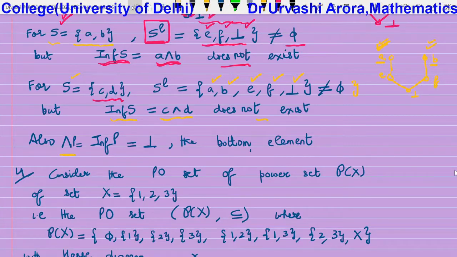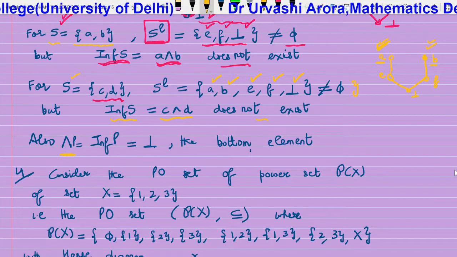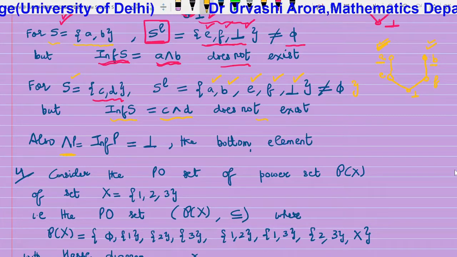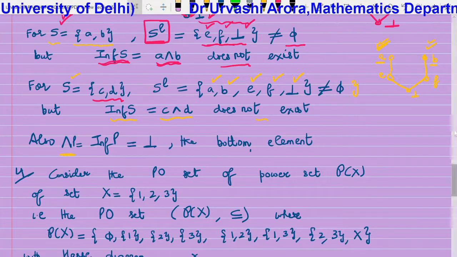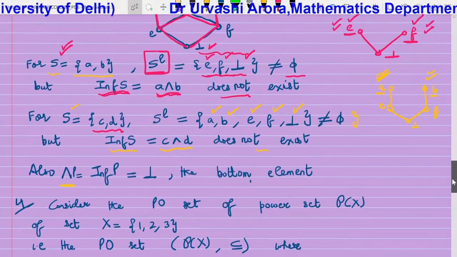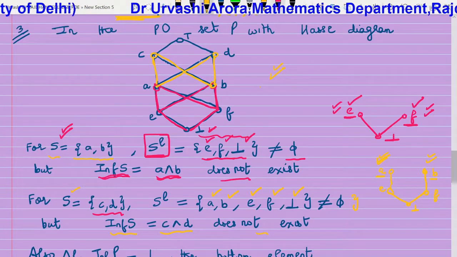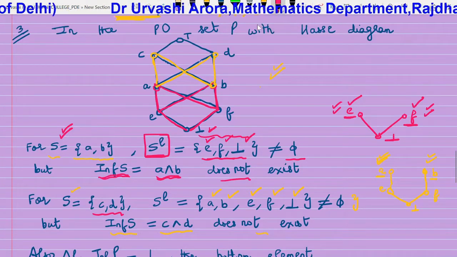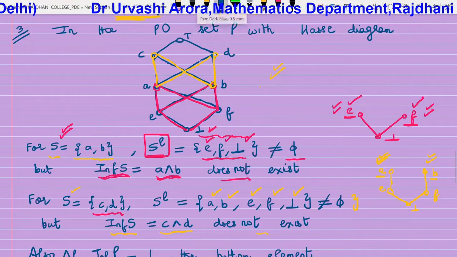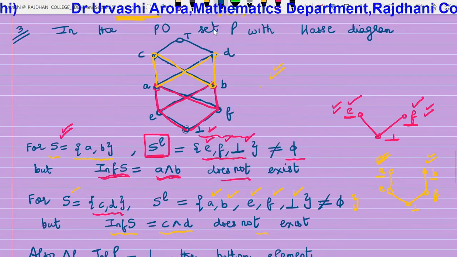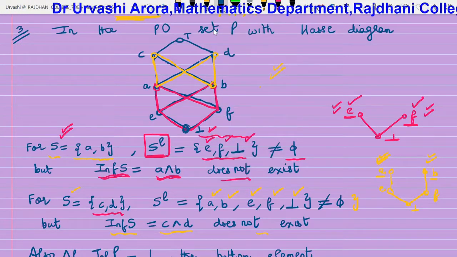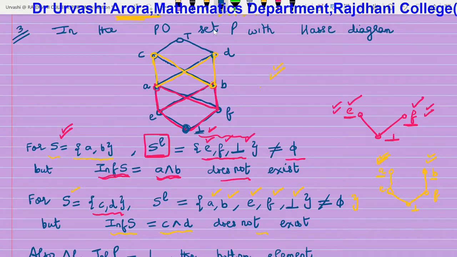And if we talk of the meet of the whole set P, where P was the PO set whose Hasse diagram was given over here, then we can just see that the meet of this whole set is given by this particular element, because that is the bottommost element.